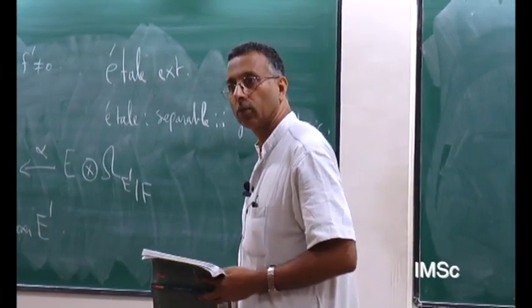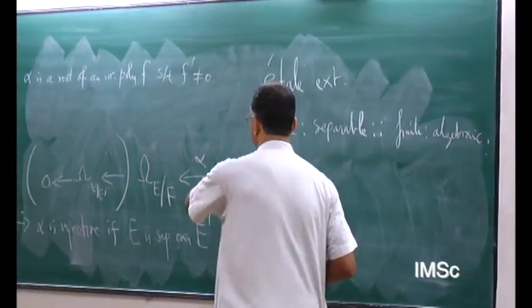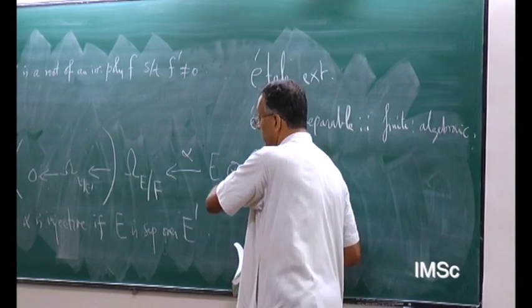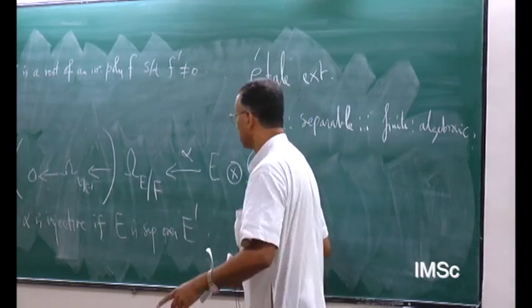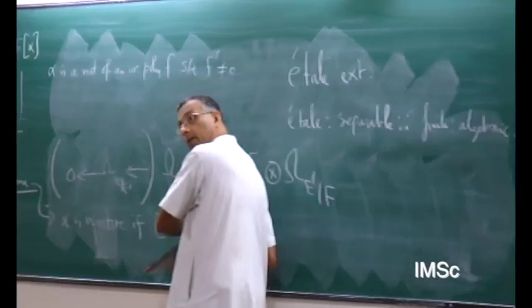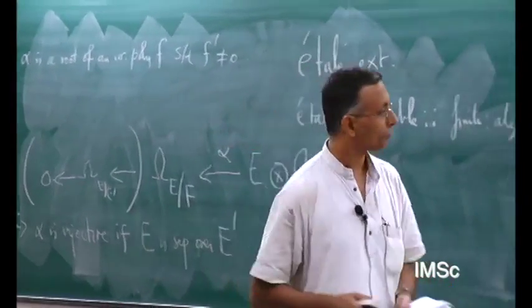So is the claim clear? So you want the sequence to be short exact if E is separable over E prime. This thing.